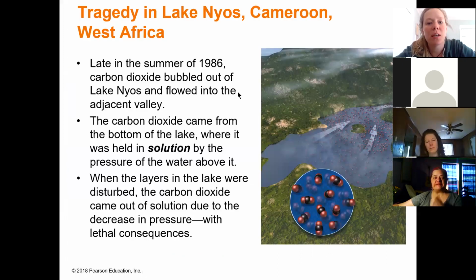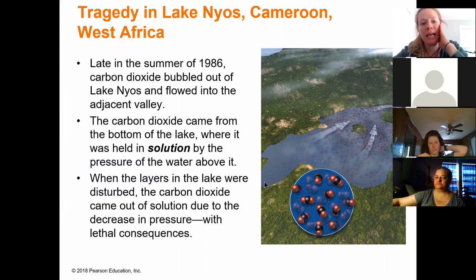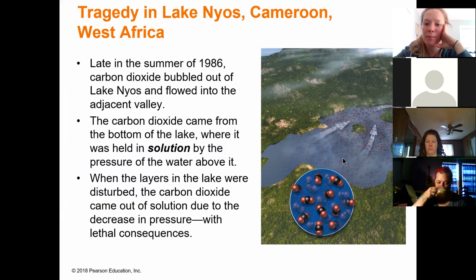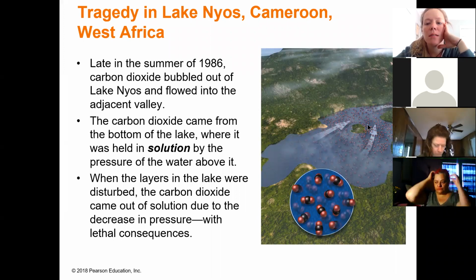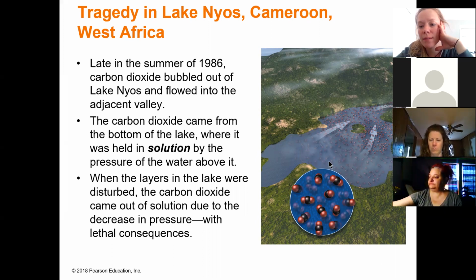For your information, tragedy in Lake Nyos in West Africa. There was a lake in Africa that sat above an area with a lot of tectonic activity. So there were geothermal vents releasing a bunch of gas, specifically CO2 gas, at the bottom of the lake, and the lake was relatively deep.